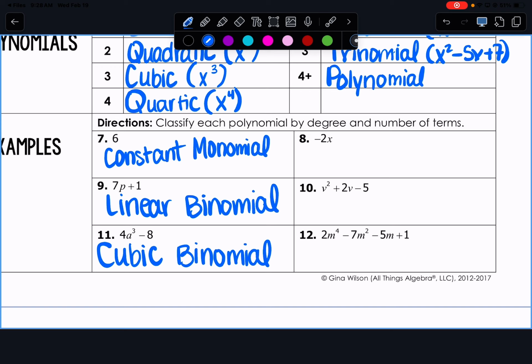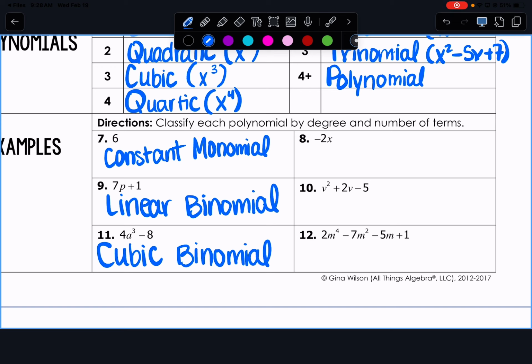Terms are how many things are being added together.